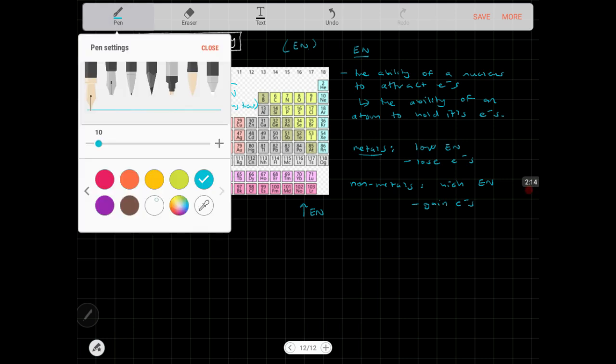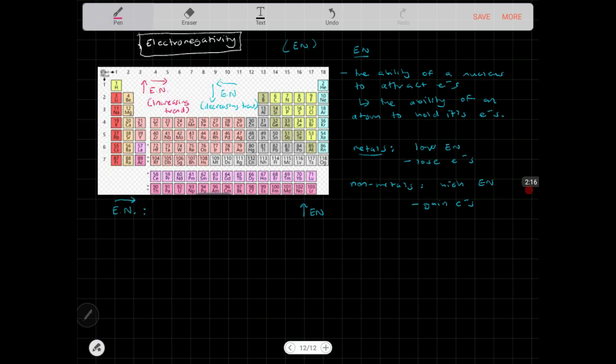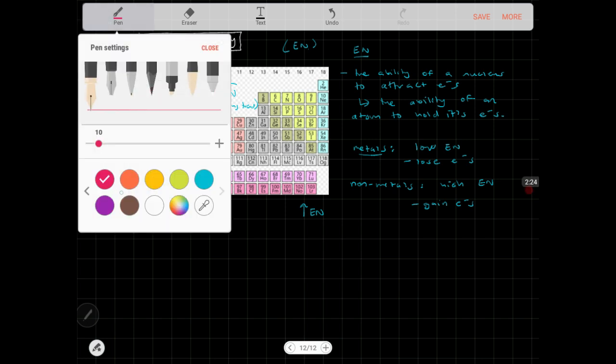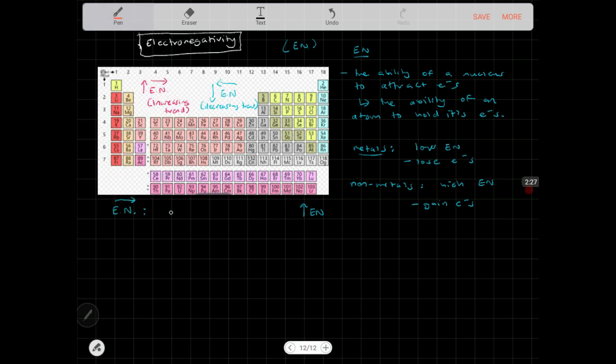If you compare nitrogen and carbon, or oxygen to nitrogen, in the same valence shell, the nuclear charge increases. If the nuclear charge goes up, then the effective nuclear charge also increases.